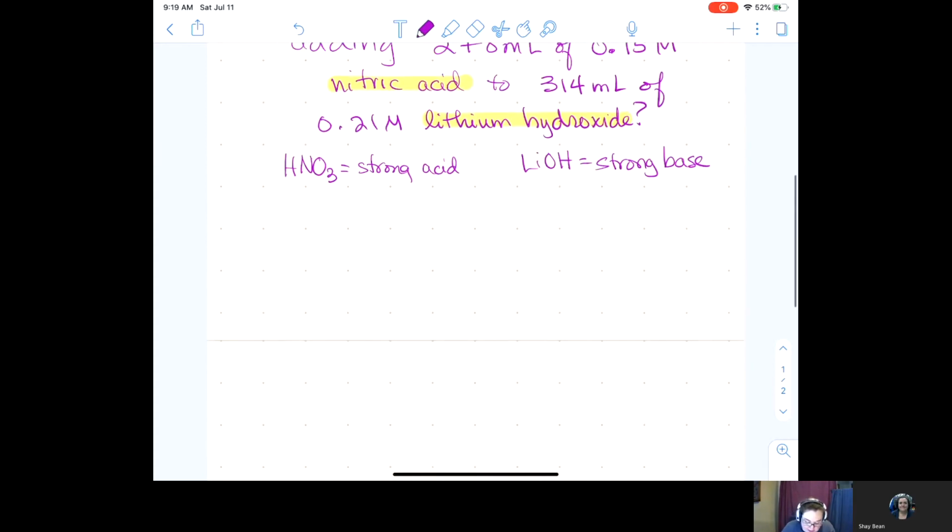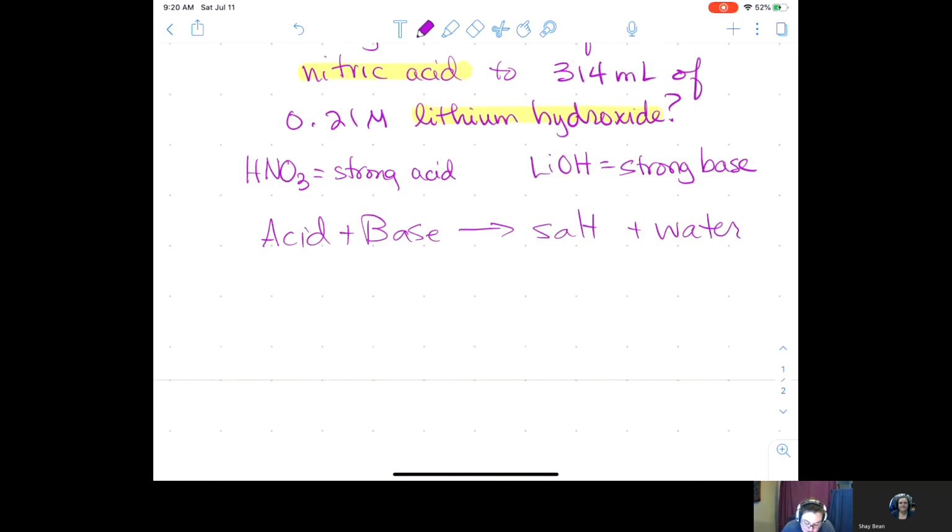You may recall from Gen Chem 1, an acid plus a base yields a salt plus water. This is a double replacement reaction, or a double displacement reaction. Essentially, the way this works with the example we have here is that HNO3 can be thought of as H plus and NO3 minus. Lithium hydroxide is the ionic compound, lithium plus and OH minus.